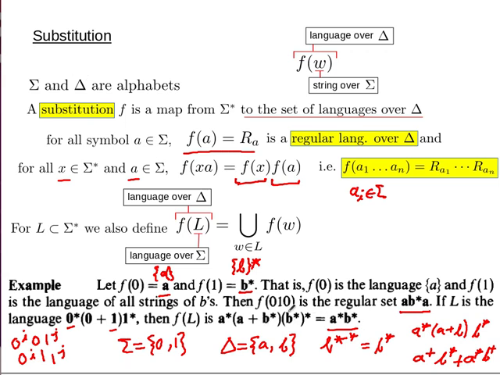You should be comfortable with this sort of simplification. But the crucial point is, if this L over sigma is given as a regular expression, where you see the symbols over this sigma, and you are given this f0 and f1 as regular expressions over delta, you just replace these zeros and ones by these regular expressions and you get this.